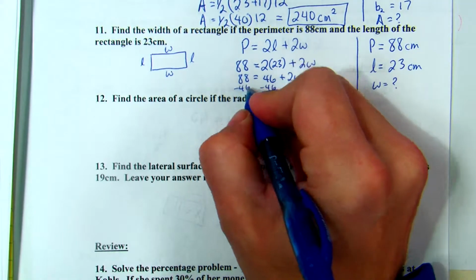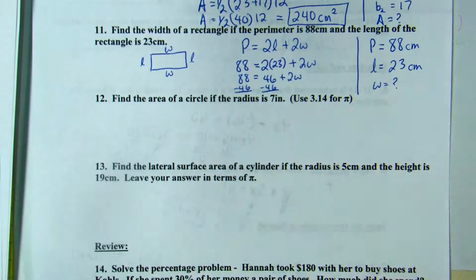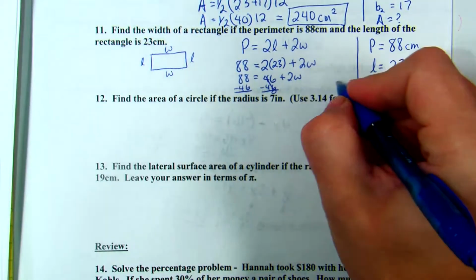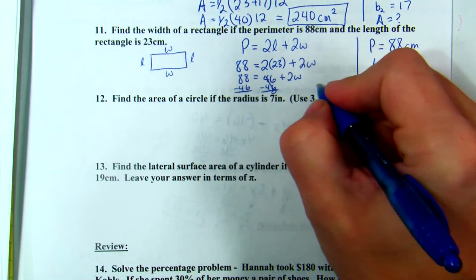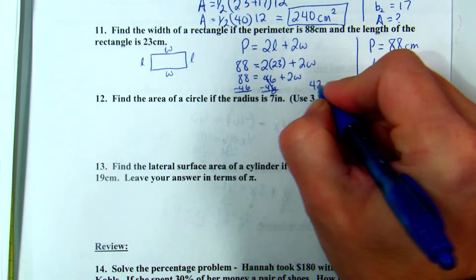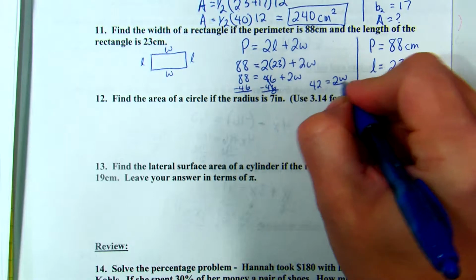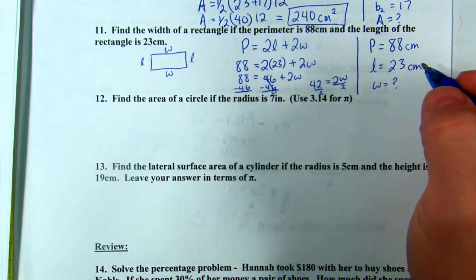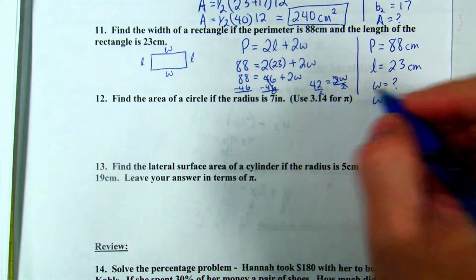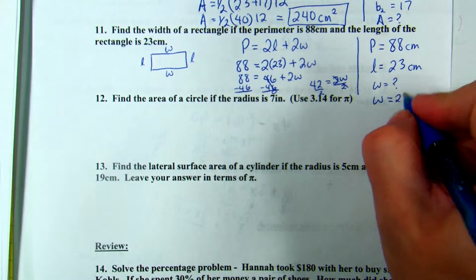This will be a 0 on this side. 42 is equal to 2W. Divide by 2, and W will equal, when the 2's cancel on this side, 42 divided by 2, which is 21.